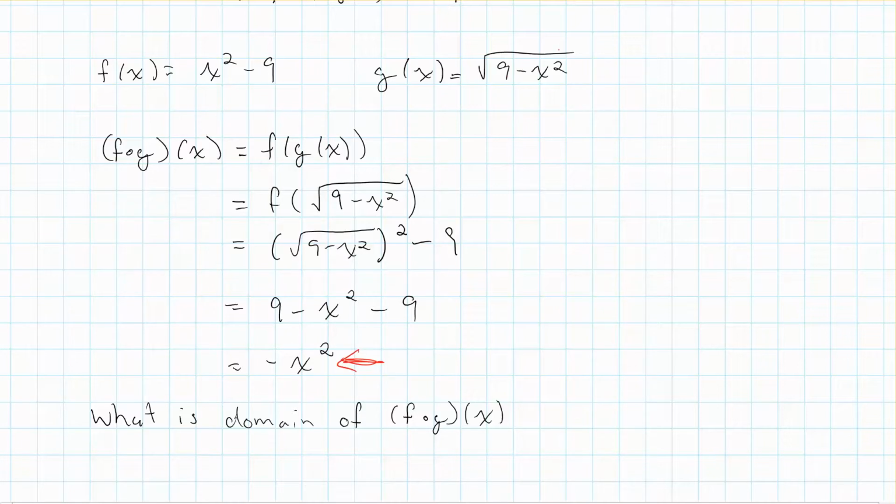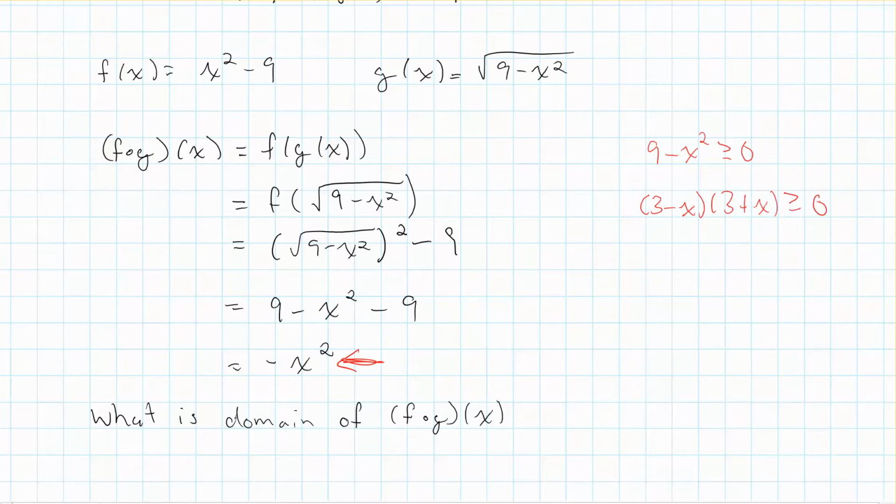This is a square root, and so 9 minus x squared has to be greater than or equal to 0. Now, we've solved these kinds of inequalities before. 9 has to be greater than or equal to x squared. Actually, I'll do it by the factoring method. I like that better. So we'd have 3 minus x times 3 plus x has to be greater than or equal to 0.